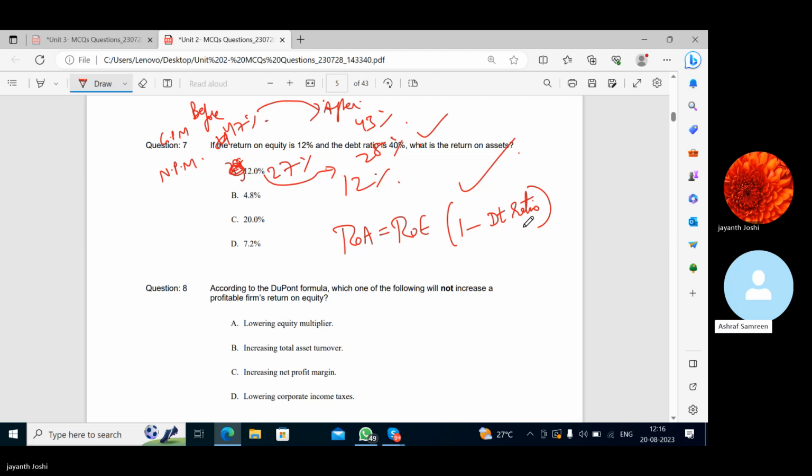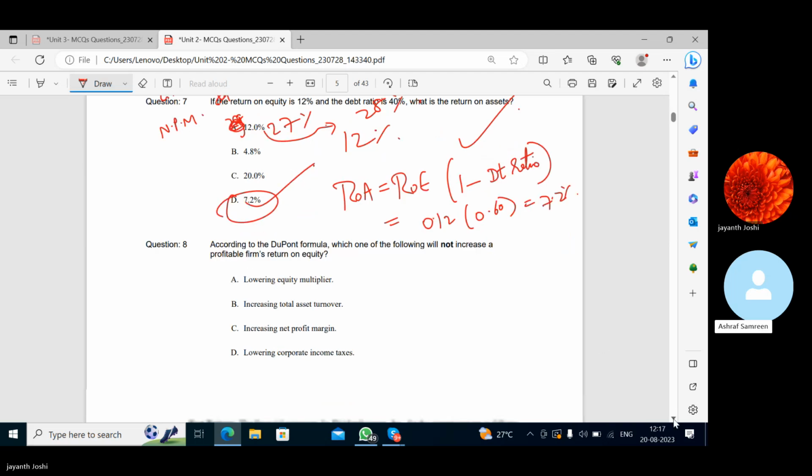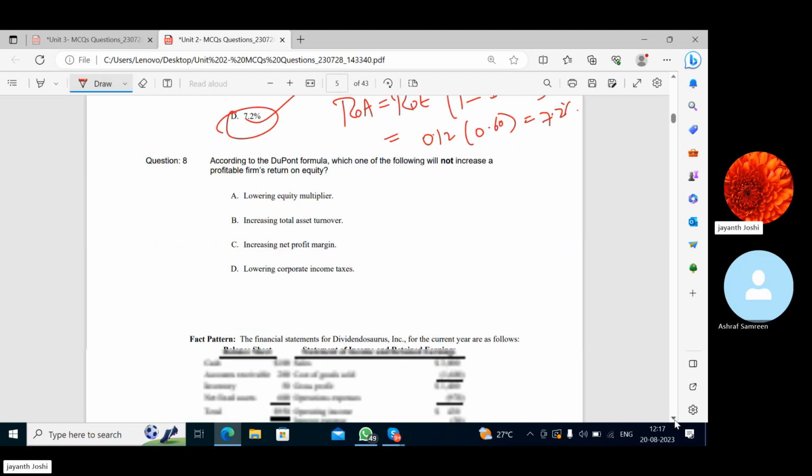So return on equity is how much here? 12%, 0.12, into 1 minus 0.40, which is 0.60. So your answer will be 0.072, that means 7.2%. Okay. Next question.